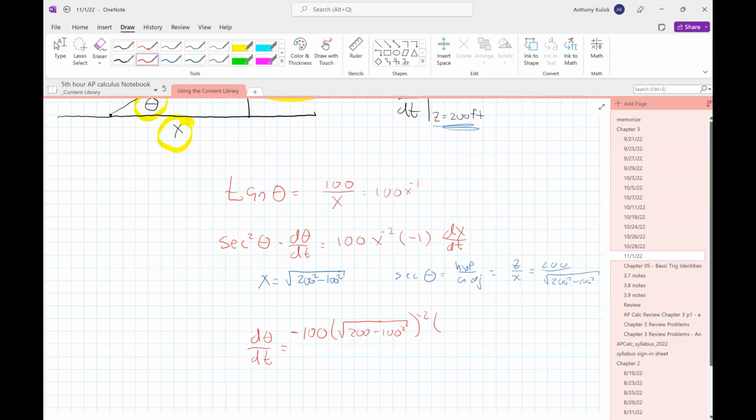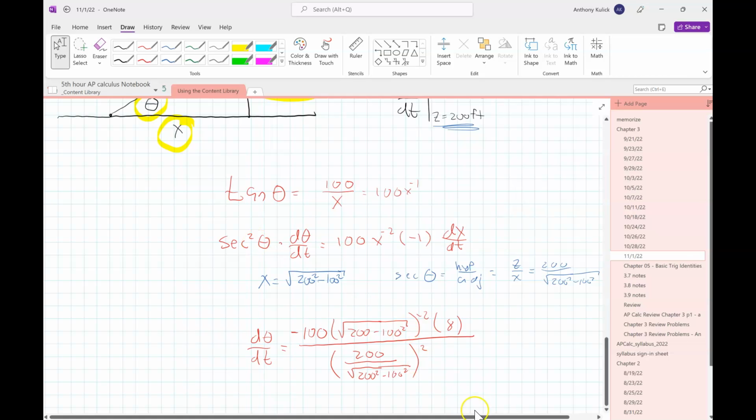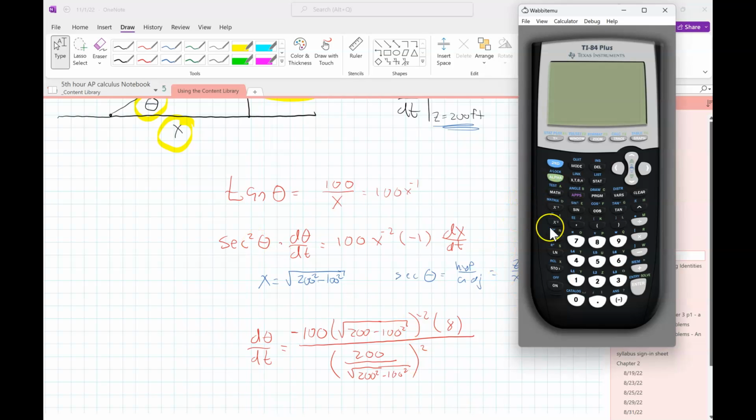Times 8, that's my dx dt, divided by 200 divided by the square root of 200 squared minus 100 squared, all squared. So let's type that all in and see how we do.